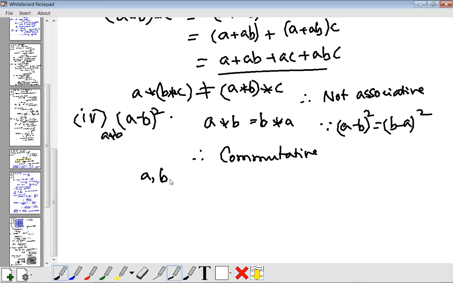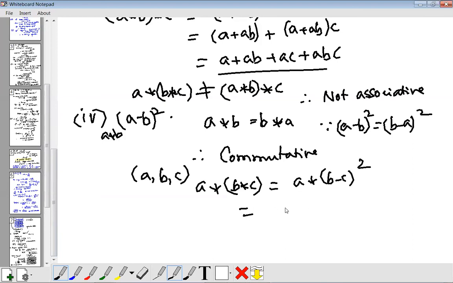Now let's say A, B, C are there. So A star (B star C) equals A star (B minus C) whole squared. Then whatever you get, this entire thing, A minus (B minus C) whole squared, whole squared.